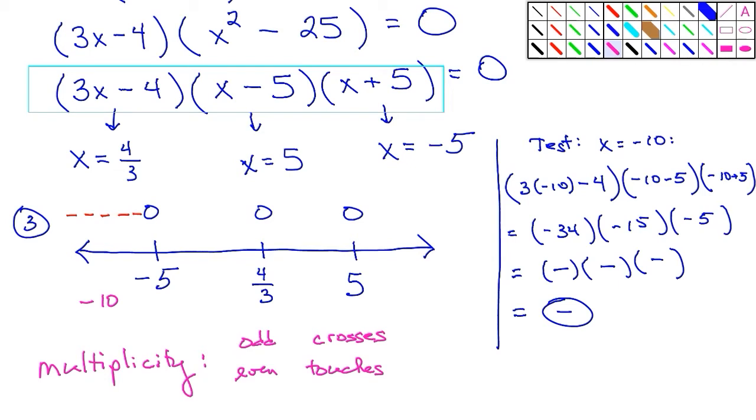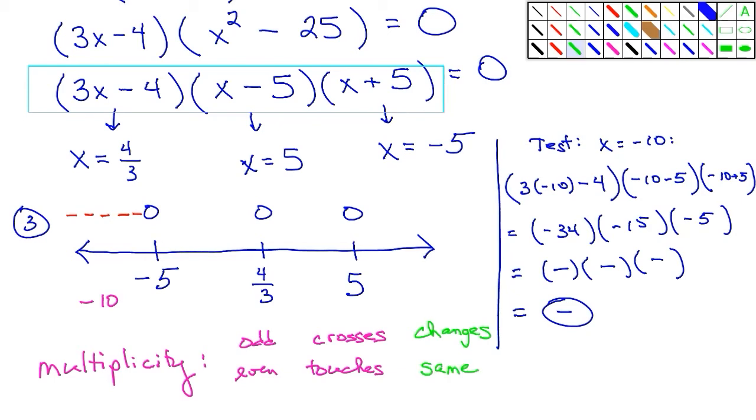Well, when we're dealing with sign charts, what that means is that if the multiplicity is odd and it would cross the x-axis if we were to graph the function, then that means the sign changes. And if the multiplicity is even and it merely touches the axis and stays on the same side, then that means that the sign stays the same.